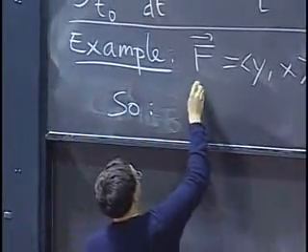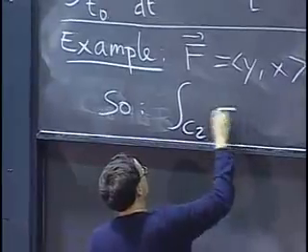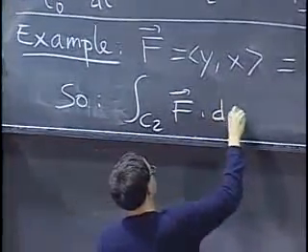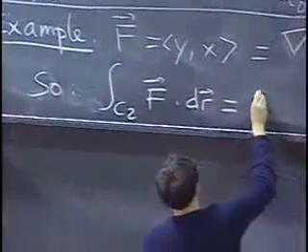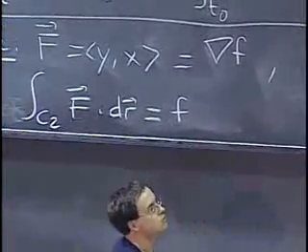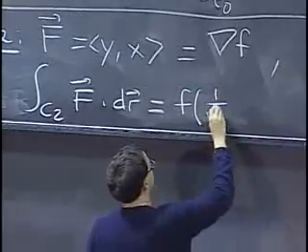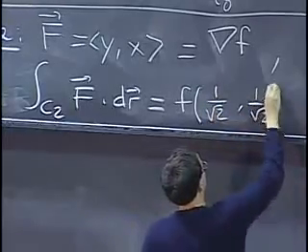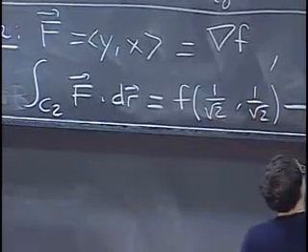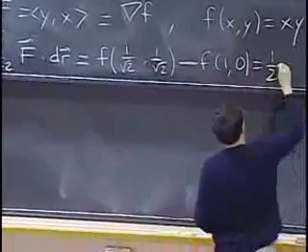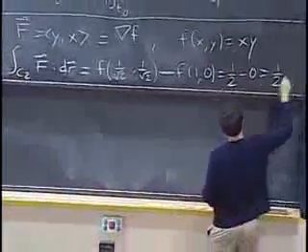So for example, the integral along C2 is actually just, so C2 goes from (1, 0) to (1 over root 2, 1 over root 2). So that's 1/2 minus 0, and that's 1/2.